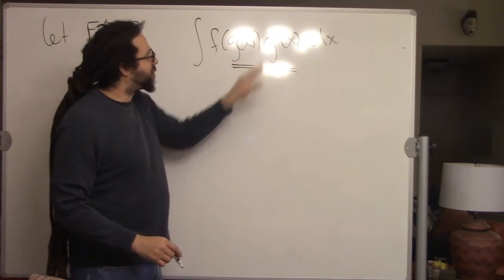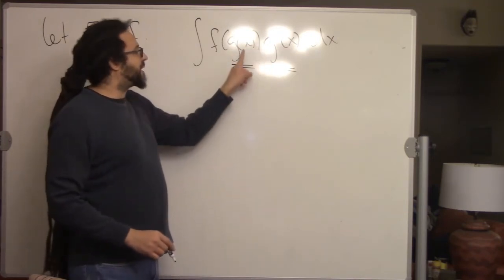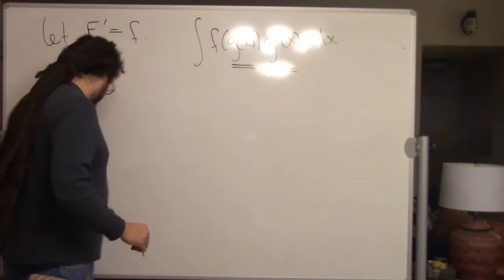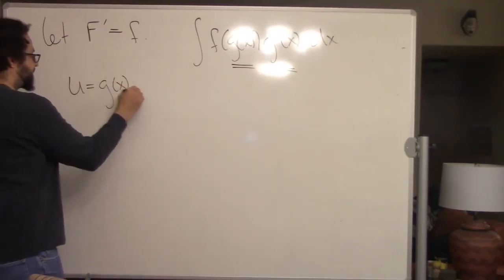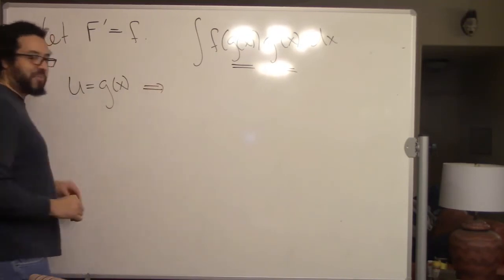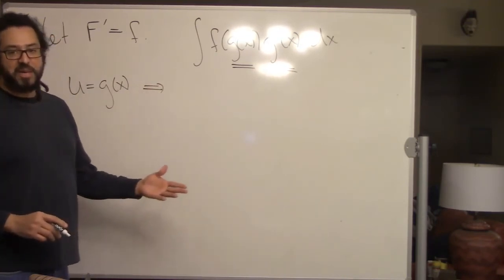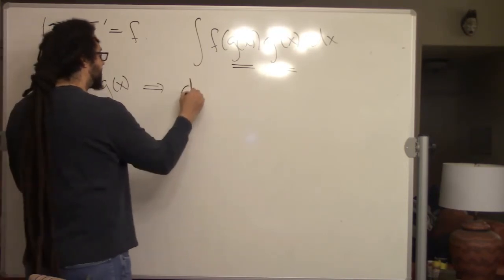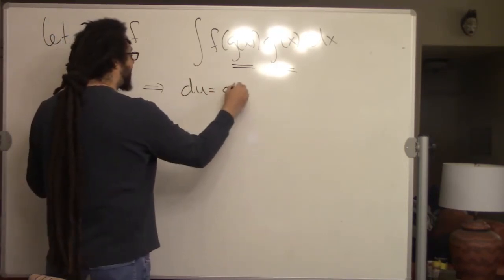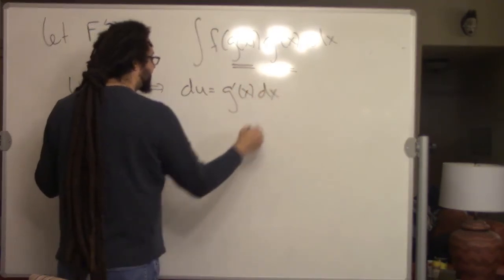One of them is the derivative of the other. So I'm going to let u equal g of x. That's step number one. So u is equal to g of x. And then I'm going to symbolically differentiate both sides, basically take the differential of both sides. So du is equal to g prime of x dx.